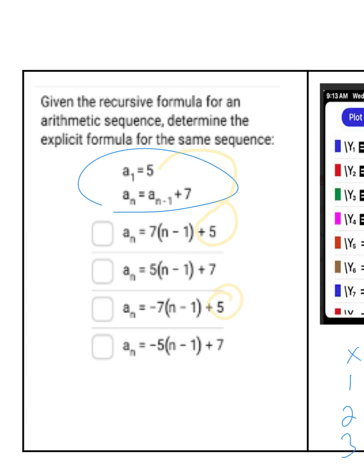But the plus 7 is here. If you multiplied, you would have 7 times n, which would be the same as 7x, and there's no other variable to combine it with. So that ends up being your slope. So the 7 ends up being your m. So our answer here was A. Okay, I know that's clear as mud, so let's do another one.